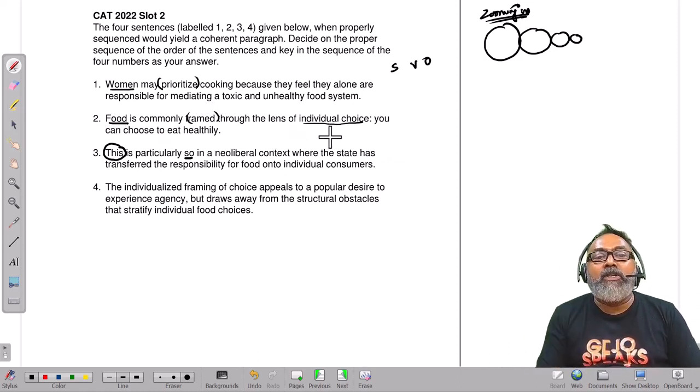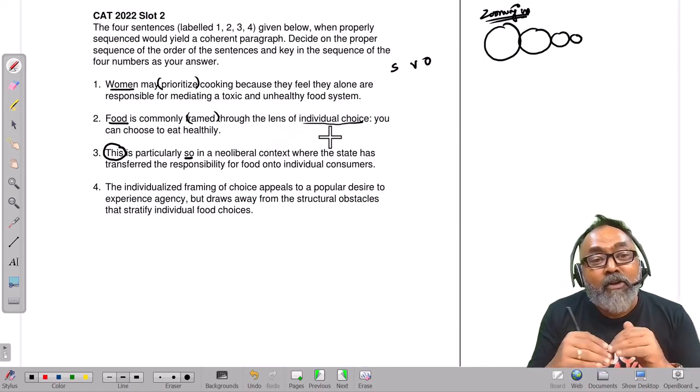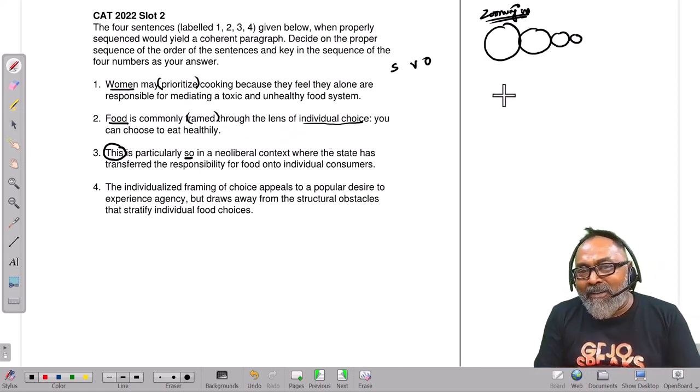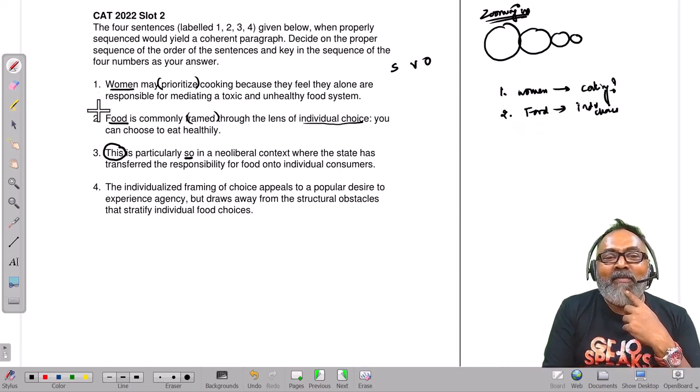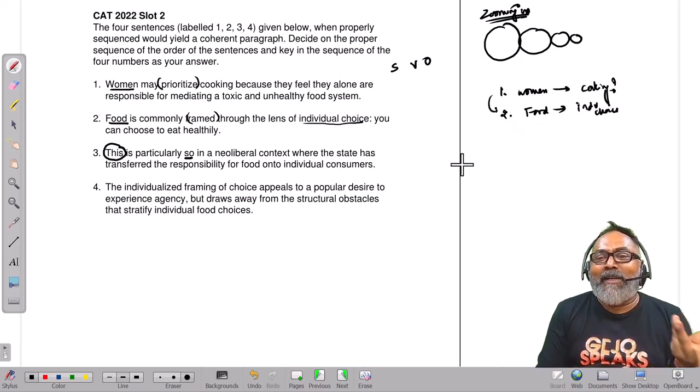You can choose to eat healthy. That's how food is framed. Now immediately look at sentence number 1. It's talking about women and why they do cooking. Sentence number 2: how food is framed, individual choice. Already we see an issue here with sentence number 1 and sentence number 2.